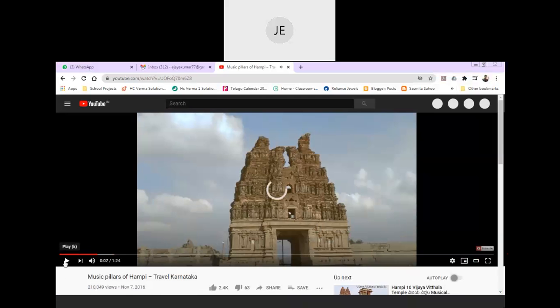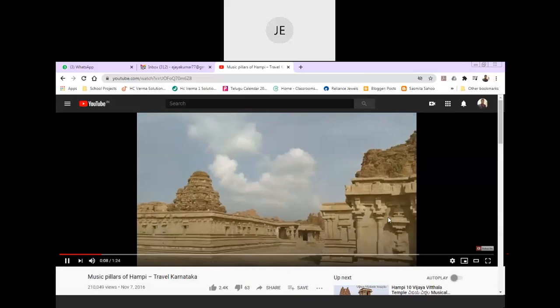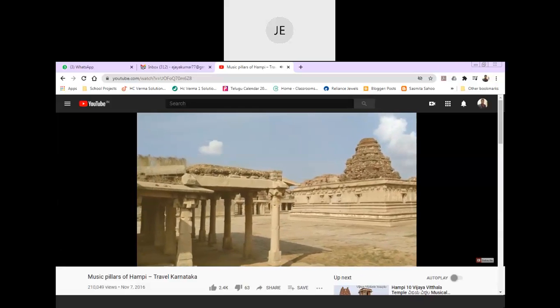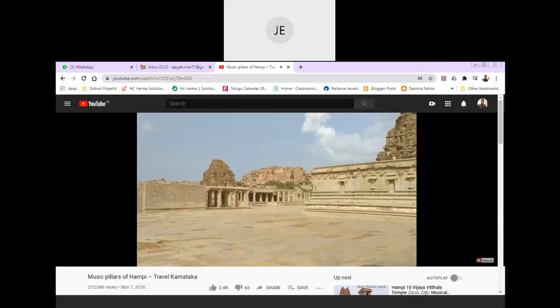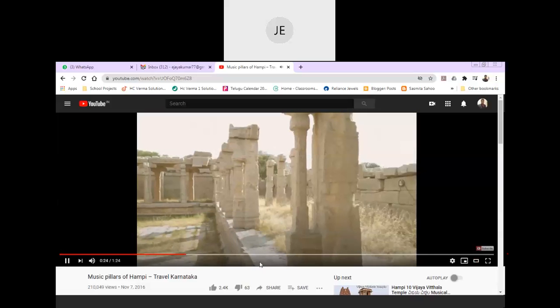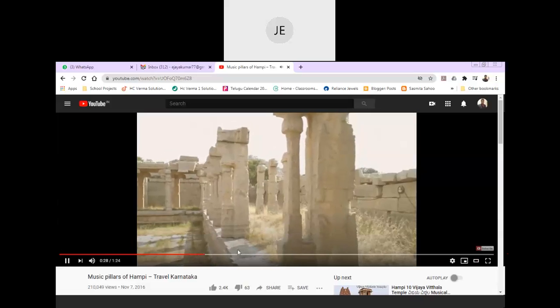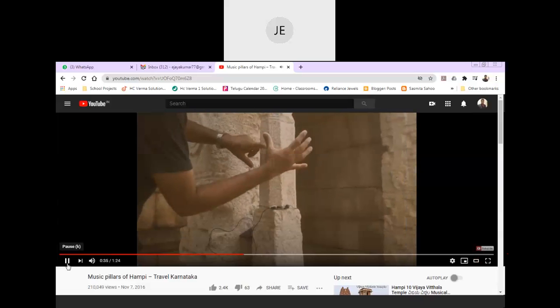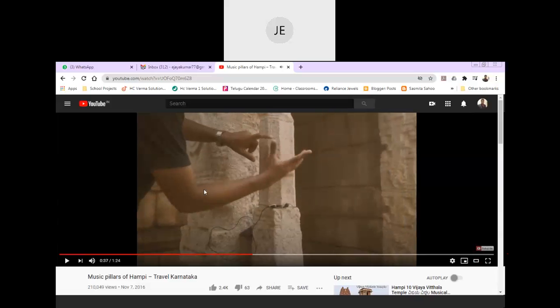Watch this video and try to understand how Indian science and technology has been used in the musical pillars of Hampi, located in Karnataka. These are actually musical pillars.